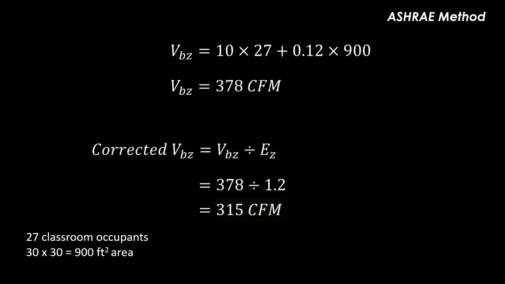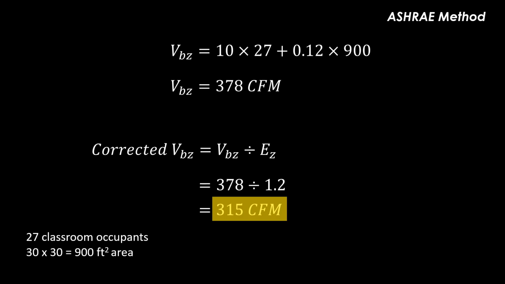However, this figure must also be corrected for the ventilation effectiveness factor, known as the EZ number, which is shown on page 17 of ASHRAE Standard 62.1. As we are designing a low-velocity displacement system, the EZ number is 1.2. The reason for this is that displacement ventilation systems are more efficient at removing airborne contaminants, so less outdoor air is required compared to conventional overhead mixing systems.